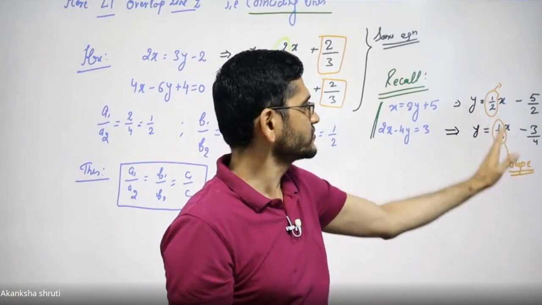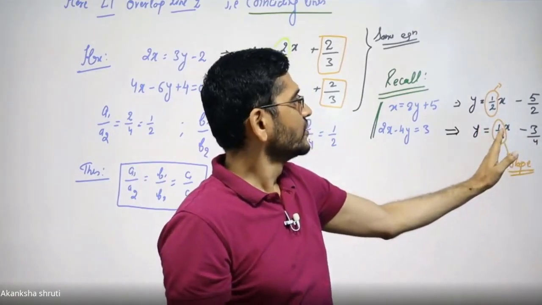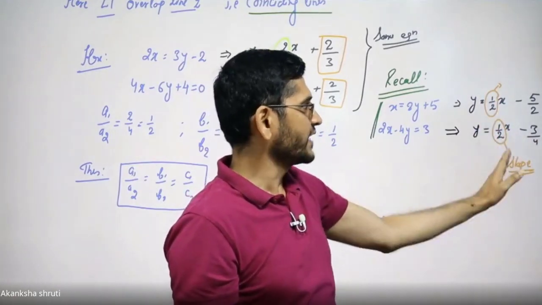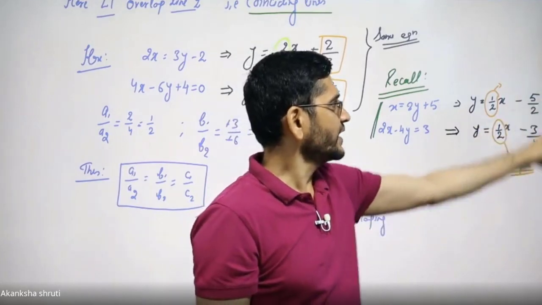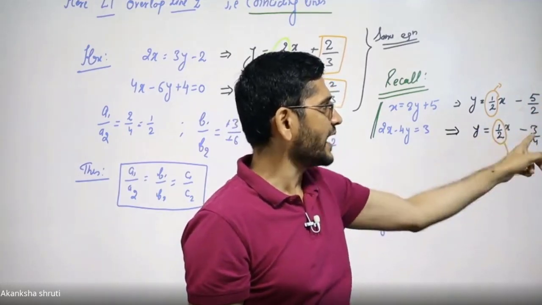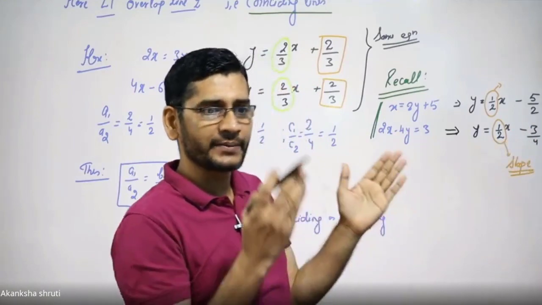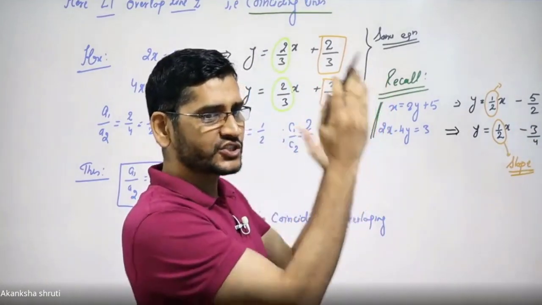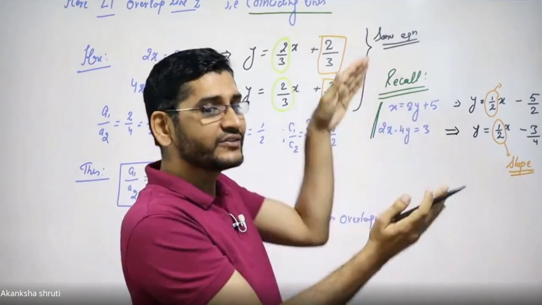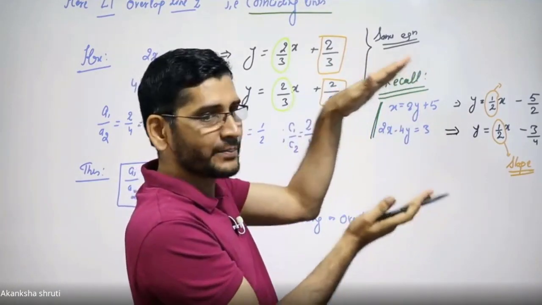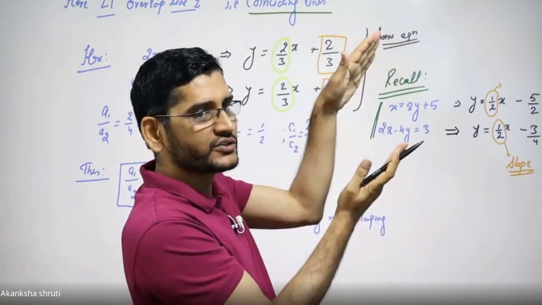Means when the slope or coefficient of x is only equal, but the intercept or constant adding term is not equal, then the two graphs are parallel, but they are not intersecting. Okay, so they are parallel but not intersecting.